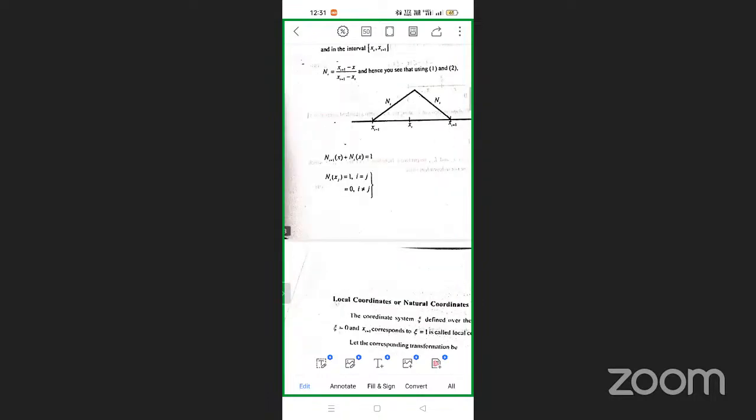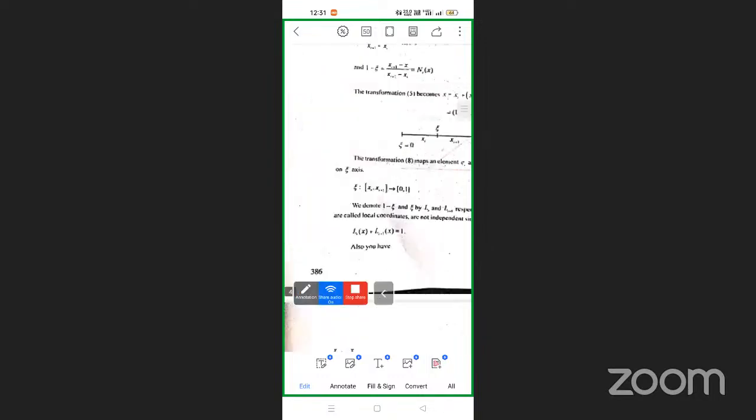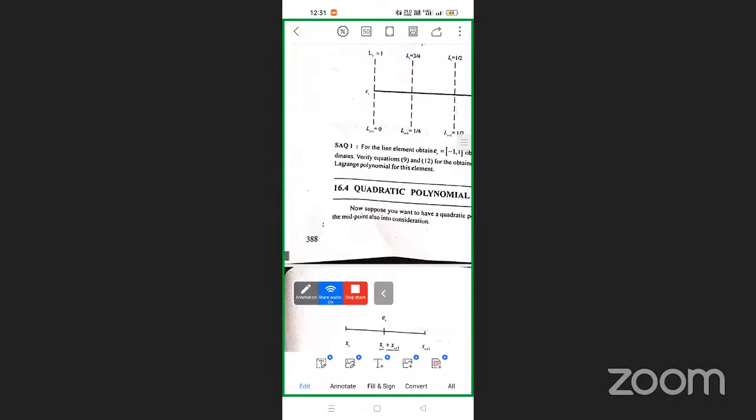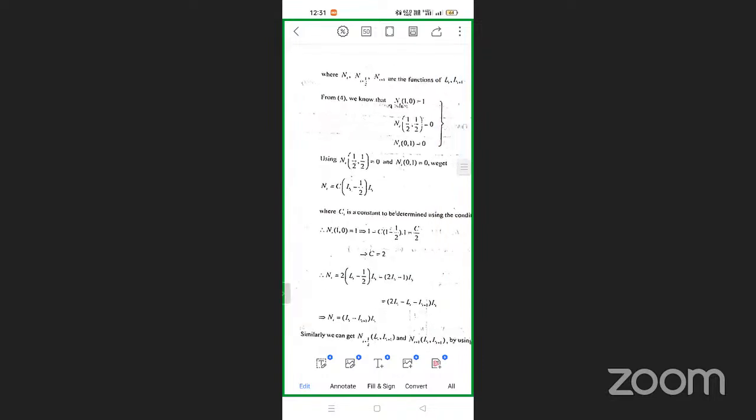So Ni of xj is equals to 1 if i is equals to j case. Remaining all cases, i not equals to j, case 0. So using this formula, i is equals to j case, 0.